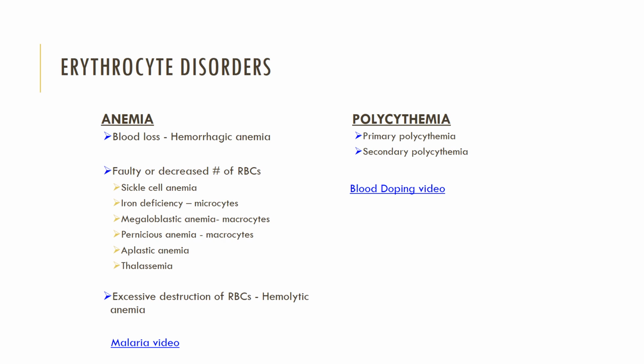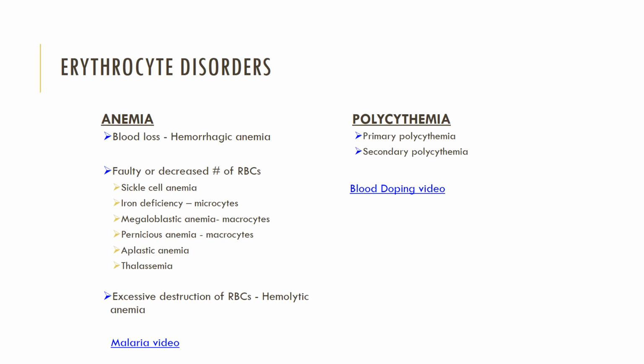Polycythemia is where you have an excess red blood cell count, which causes the blood to become even more viscous and flow very sluggishly. Primary polycythemia often results from bone marrow cancer or a genetic disorder.